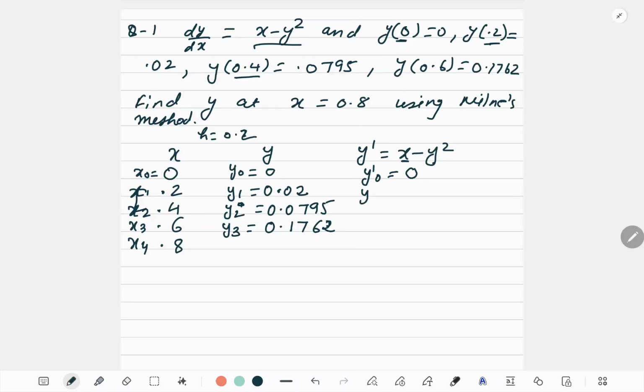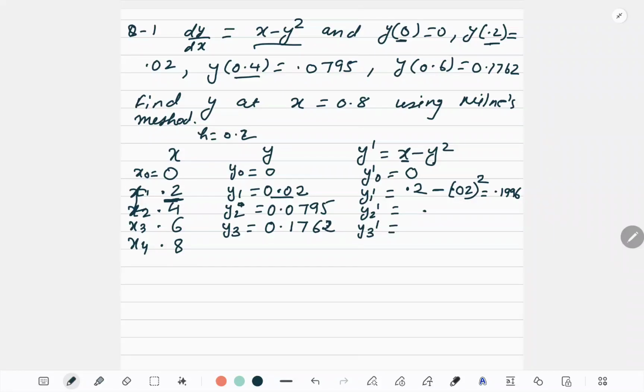Okay, then y1 dash. y1 dash means 0.2, see this one, minus 0.02 square. So this value and this value you have to use. So this will be equal to 0.1996. Now you pause the video and find y2 dash and y3 dash.